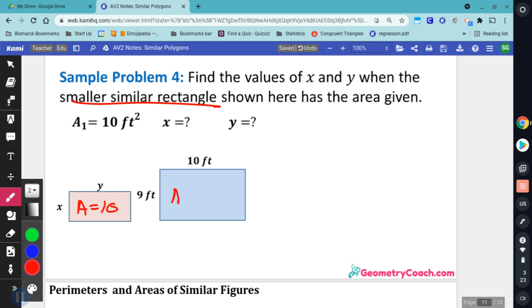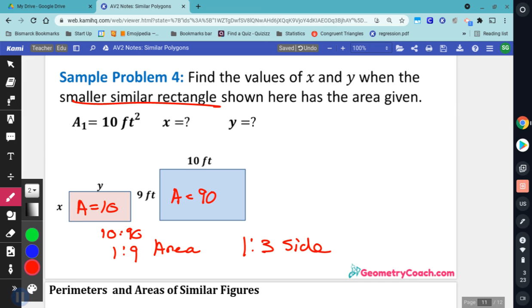Well, this one has an area of 90 because it's base times height, 9 times 10. So when we changed areas, we went from 10 to 90, which is 1 to 9. So that's our area ratio. If we want to do the side ratio, we're going to square root that. So it'll be 1 to 3.